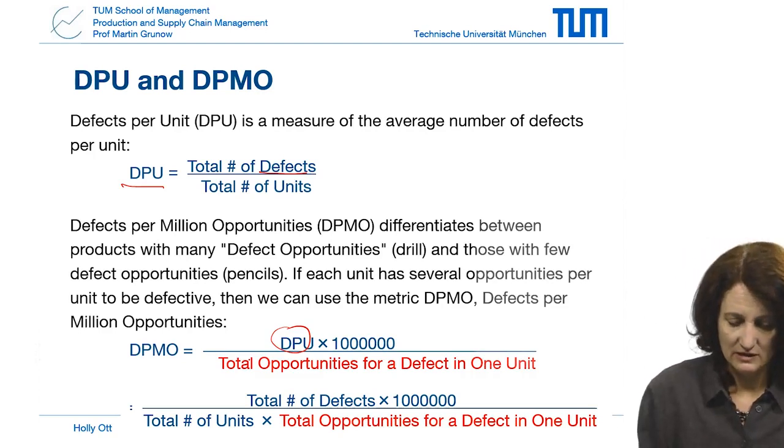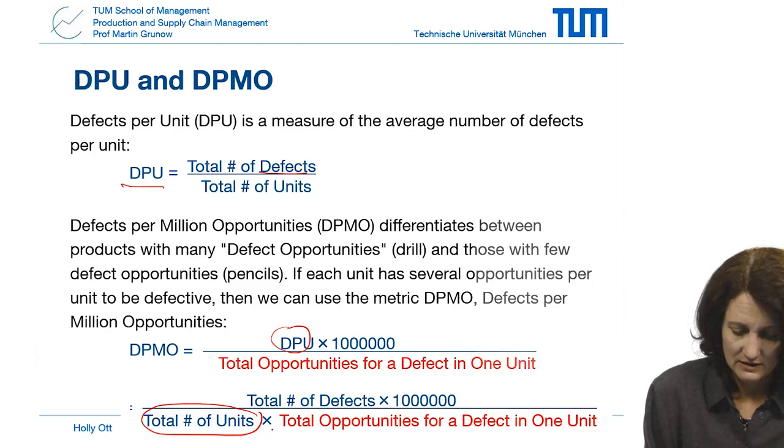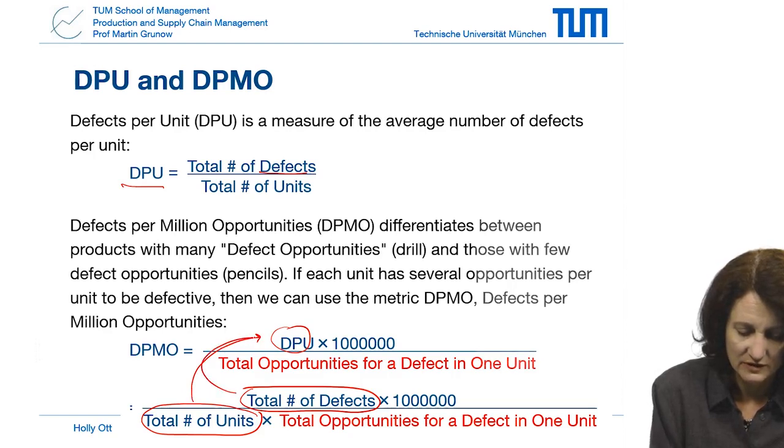And that then translates into the total number of defects divided by the total number of units, which is here then equal to our DPU.